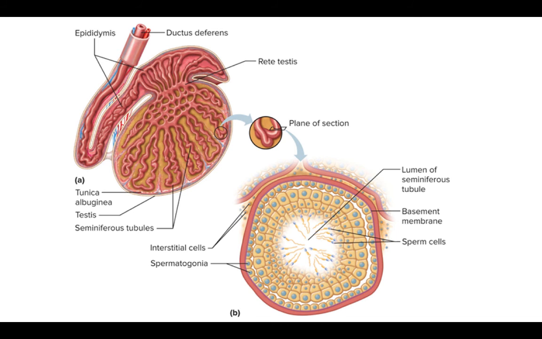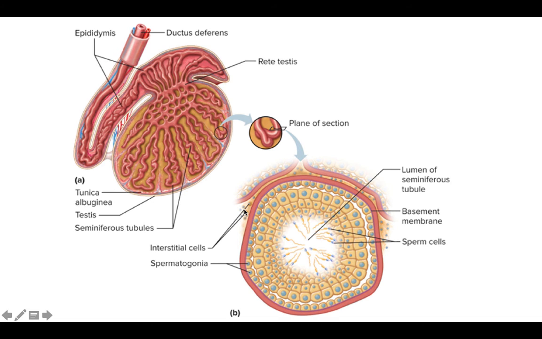So then in between the seminiferous tubules here, you're going to have what are called the interstitial cells, or you'll also hear them called the cells of Leydig, capital L. So you can identify them as either. I learned cells of Leydig when I initially learned anatomy, because we were more old school learning the names, but I think interstitial cells is probably more commonly used today.